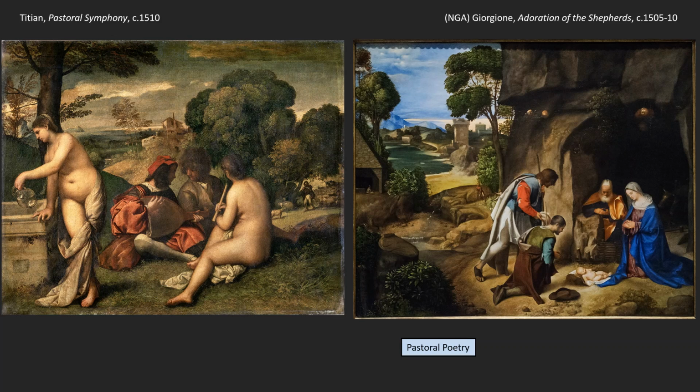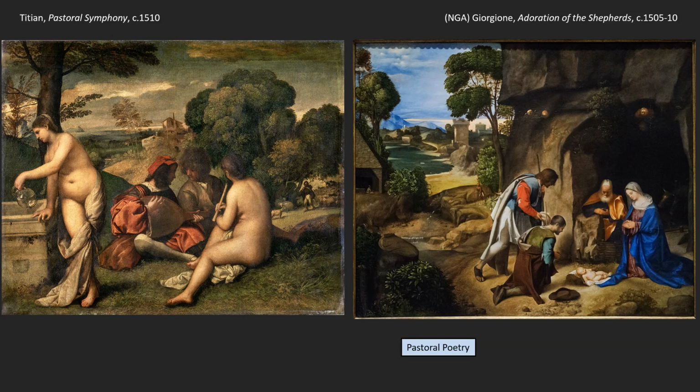Titian is probably the single most famous painter from Renaissance Venice. Slightly younger than Giorgione, he studied under Giorgione, and became his own artist, independent, give or take, around 1510. Giorgione died in 1510, very, very young, only 37 years old.